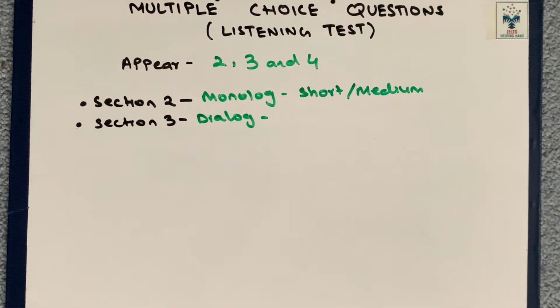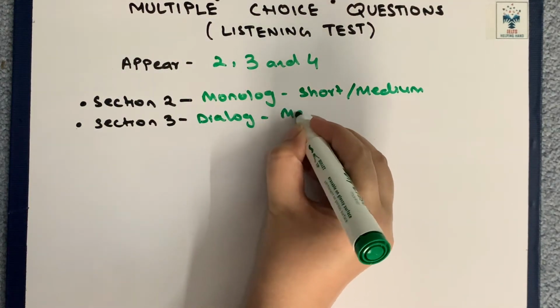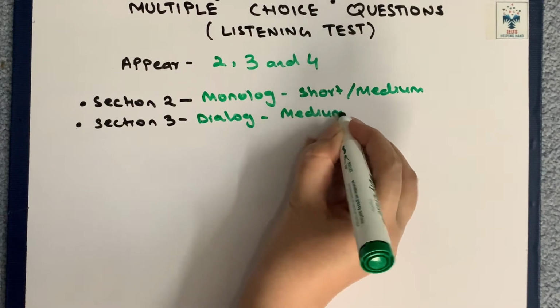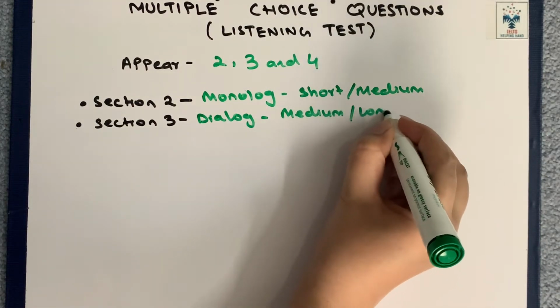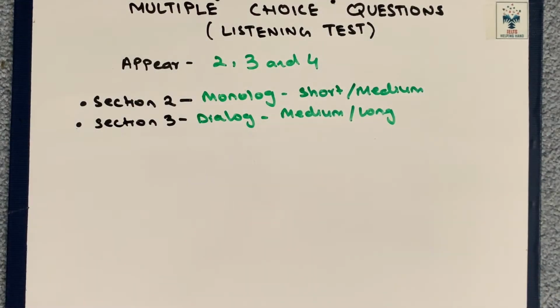Here, the options of multiple choice questions are mostly medium to long in length. So, it's difficult to read and make sense of it in limited time. So, multiple choice questions are more difficult as compared to section 2.